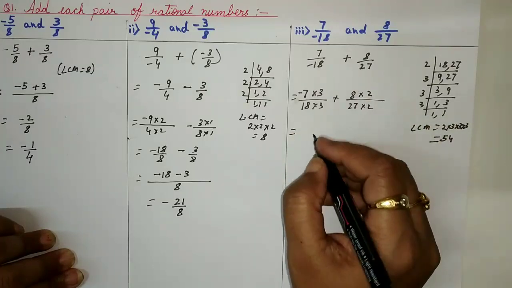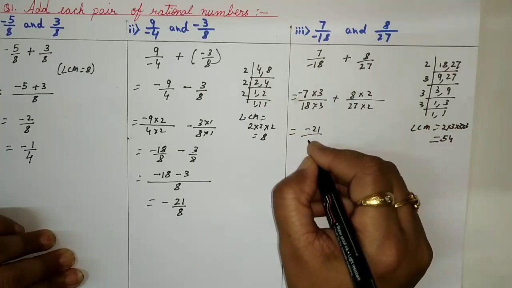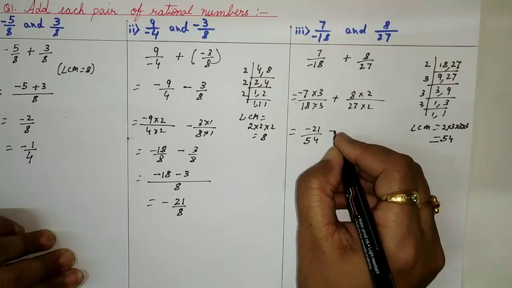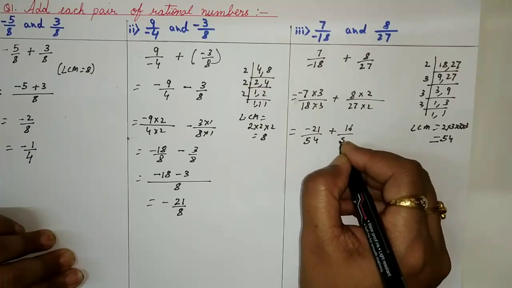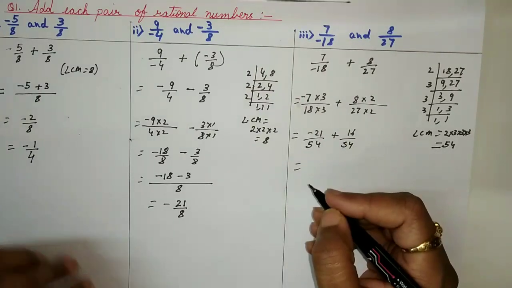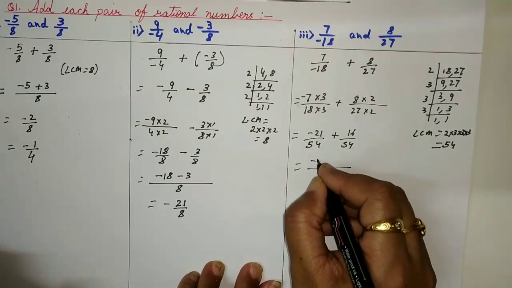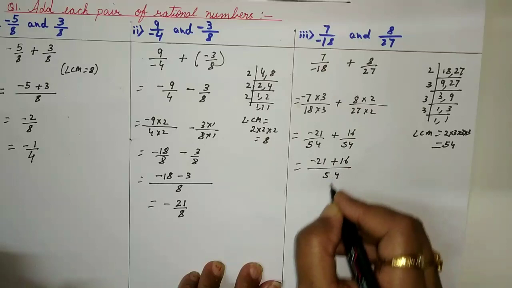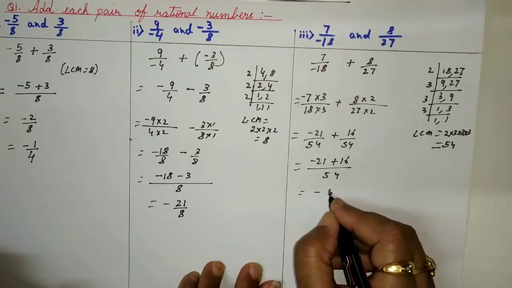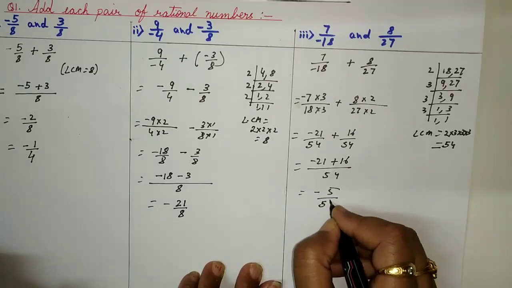You get equivalent fraction, so minus 21 by 54 plus 16 by 54, that is equal to, now common denominator, 54 minus 21 plus 16 is minus 5 by 54.